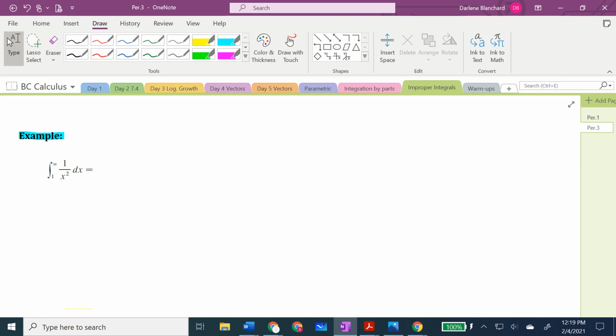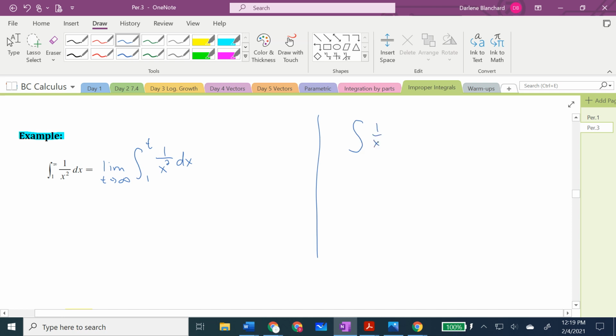So we've got to let the limit decide. I'm going to first write it as a limit. Then to the side, I'm going to look at solving this as an indefinite integral.